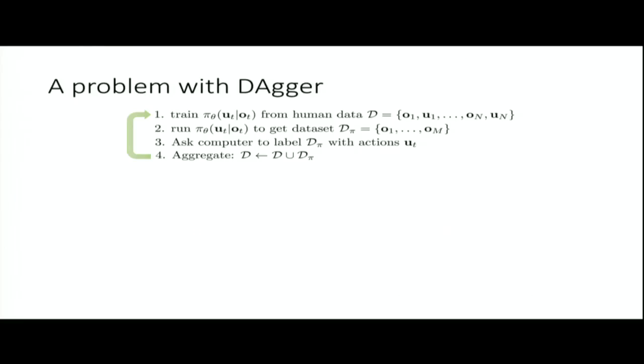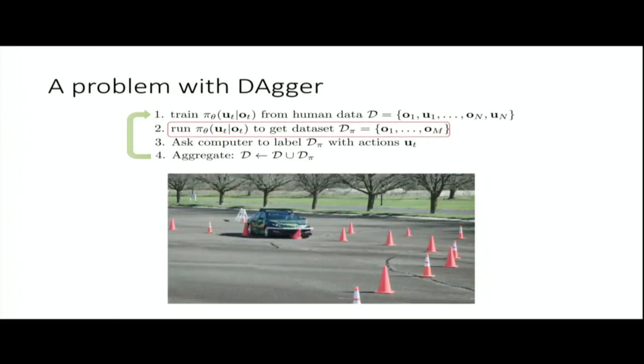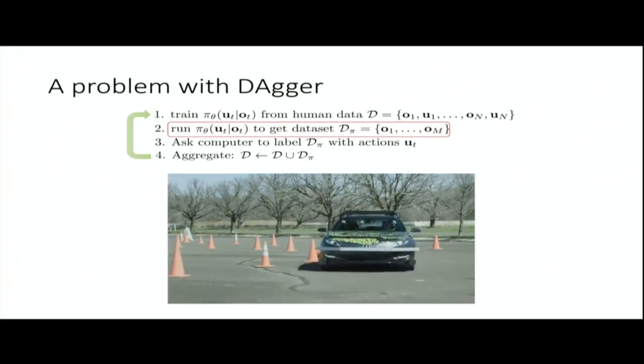So this step 2, when you actually run the policy, the first time you run it, it might be very, very bad. And if you have to run it in the real world, if you're doing model-based RL where you're collecting more data and using it to update your dynamics, then this step might result in some disaster. You can have your car driving over things and things like that.